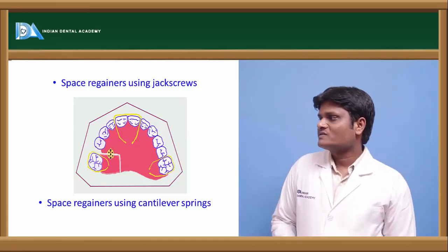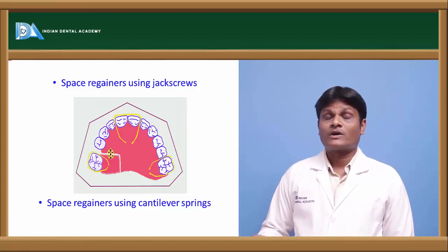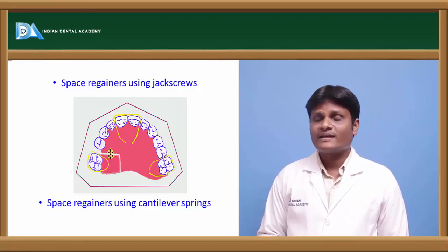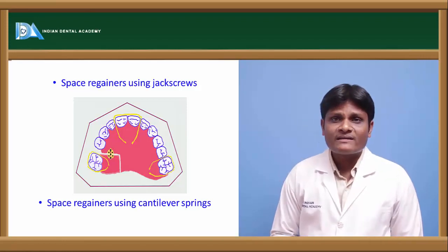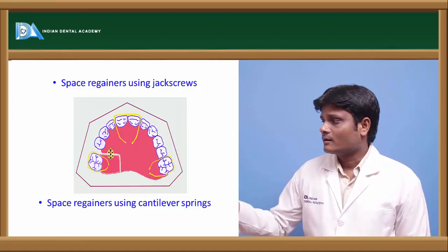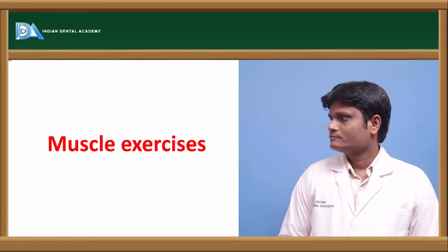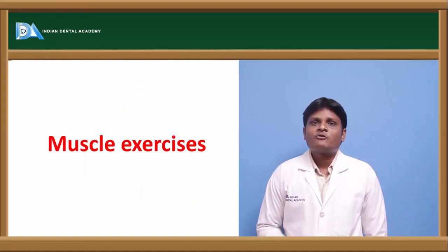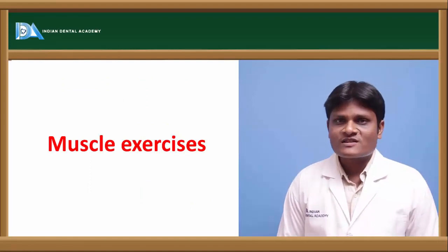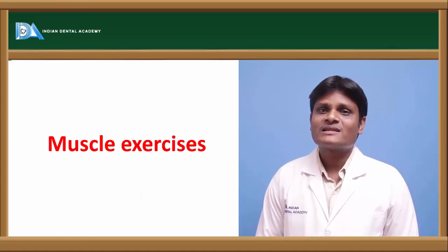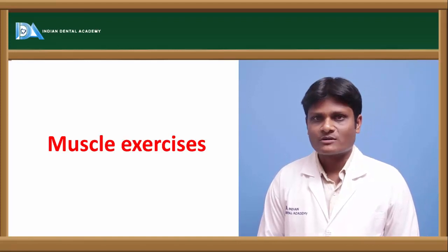We can also achieve space regaining by using removable appliances incorporating cantilever springs like a finger spring. So that was about regaining the lost space to intercept a developing malocclusion.